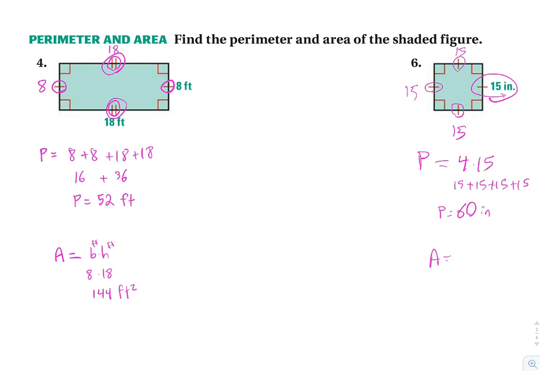And the area would be, again, this is a special rectangle. So this would be base times height. So 15 times 15, or a square, you could think of it as 15 squared. That's where the squared comes from. And so you get the area is 225, and the units would be inches squared, because it was inches times inches. So let's go down to the next problems.